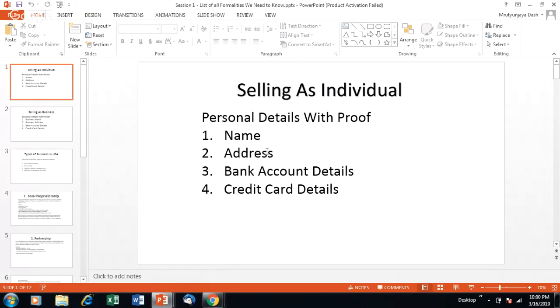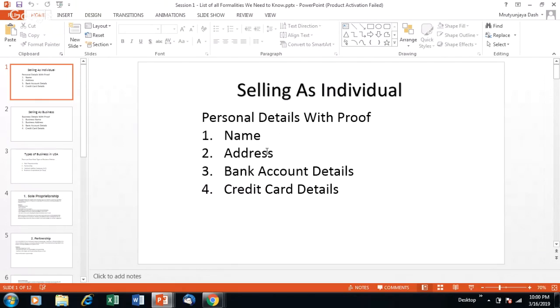The bank details are the deposit account where your money will be deposited when any money has to be paid to you from Amazon's side. Then there is the credit card detail, which is required for you to make any payment to Amazon.